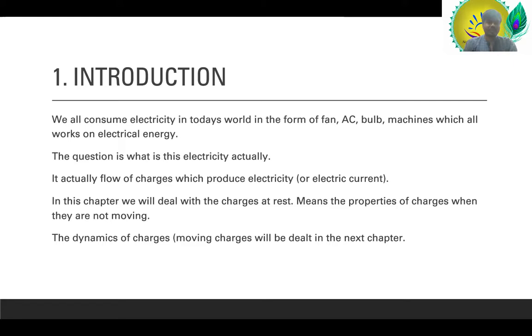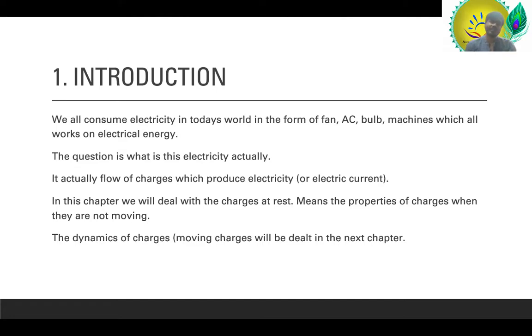Coming forward, the question is, what is electricity actually? If we look closer, what is actually happening in a fan?